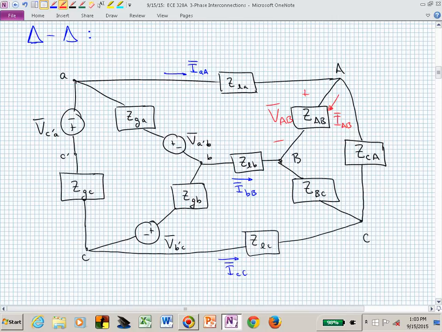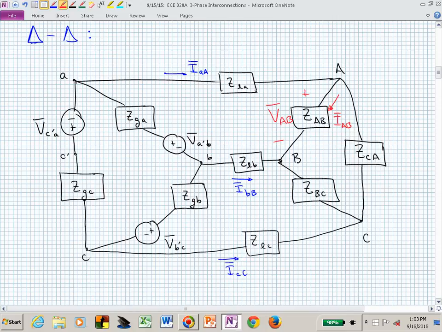And now the line currents are definitely not phase currents in either the load or the source. The line voltage is the same as the phase voltage in this configuration at the load. Other questions?